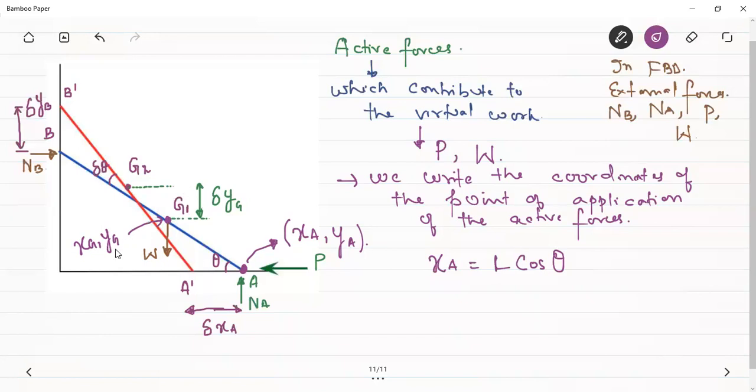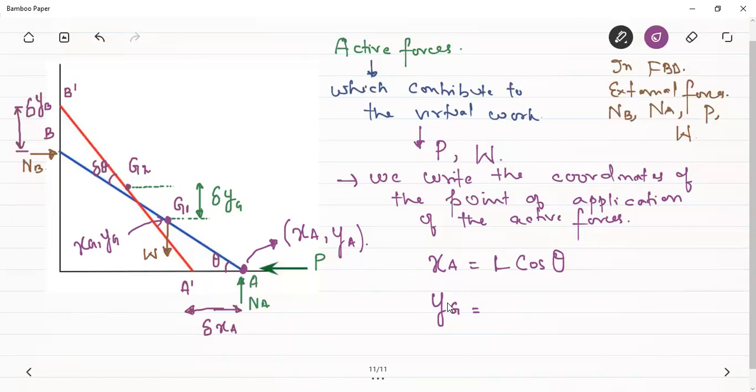Therefore, I will only consider this displacement in the y direction. For the point G, I will consider only the coordinate in the y direction, because the virtual work will be considered only due to the weight, and that weight is acting along the y axis, that is, in the y direction.